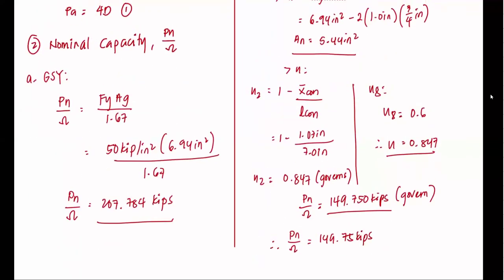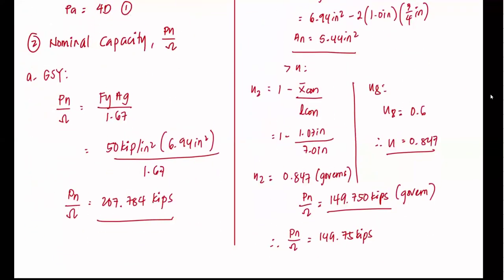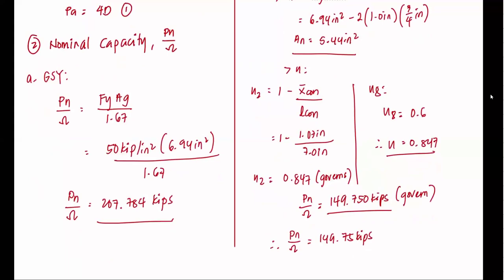So now we can use this value to equate our allowable, to determine the value of our D. So Pa is 4D is equals to 149.75 kips. So D is equals to 149.75 divided by 4, that is 37.44 kips.